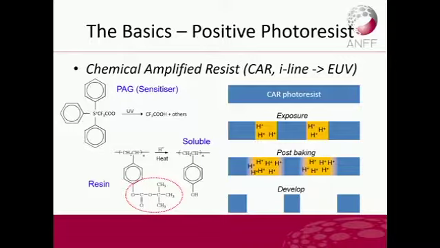But in order to trigger this solubility switch, you need both acid and heat. Chemically amplified resists tend to diffuse through your resist film, also sideways as well. Because think about this deprotection. If you have acid deprotect this one, it's going to generate another acid. Another acid will look for another site to attack and deprotect your polymer resin.